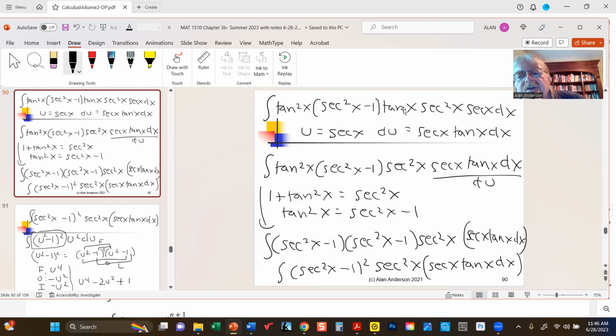The Pythagorean identities only apply to squared terms. So I think that's where you would have gotten tripped up. If you tried to use tangent here, du would have been secant squared x dx, which we do have, but then that tangent right here would have had no place to go, so to speak. And that would have been a hint that we did something wrong.